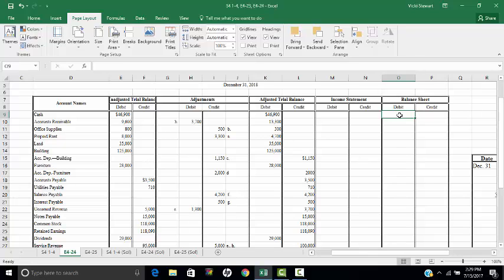So for cash, we're going to start out with it in the debit column and do the same thing for all of our assets. You don't change any amounts or change any of the columns. You just transfer the amounts directly over to the balance sheet columns.